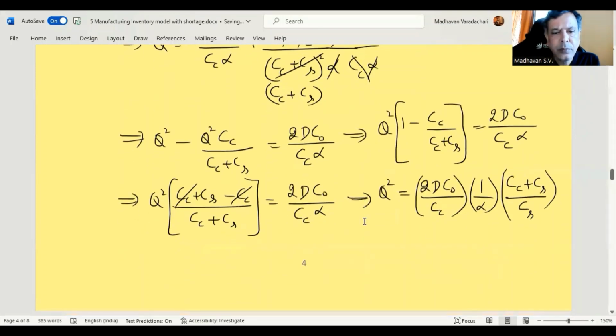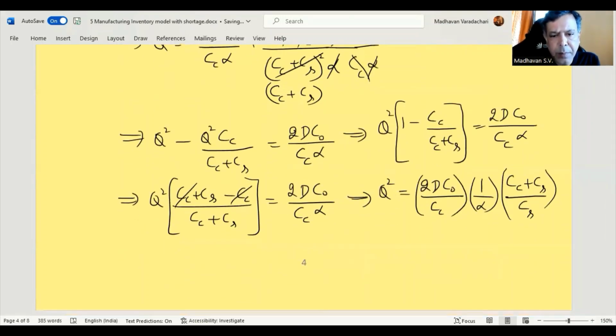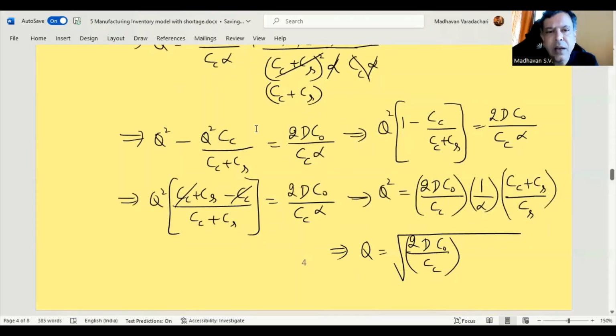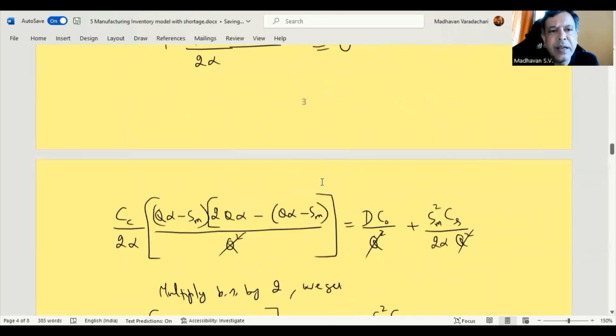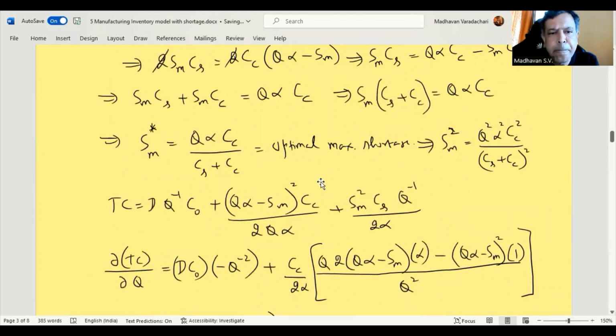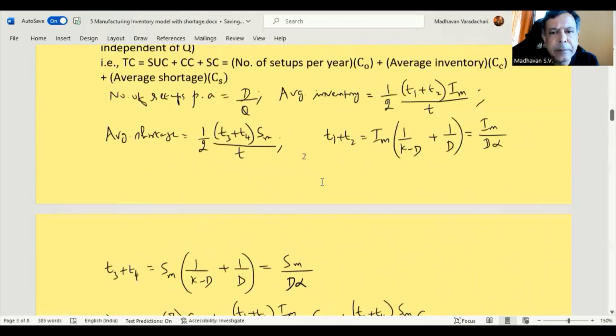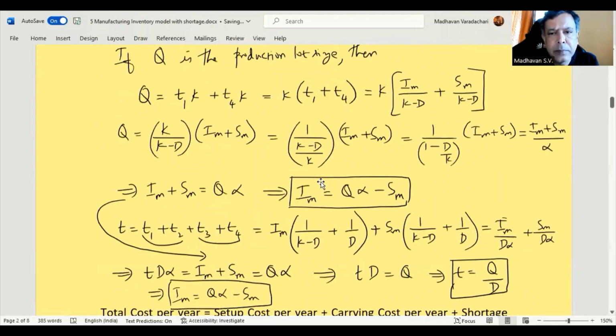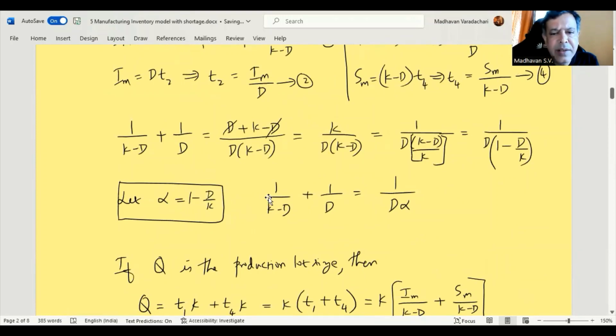So now our Q will become, Q is a quantity, optimal order quantity or optimal batch quantity, which means it cannot take any negative value. So Q will be square root of 2dCO by Cc times alpha. What is alpha? In the beginning itself, we defined alpha as 1 minus d by k.